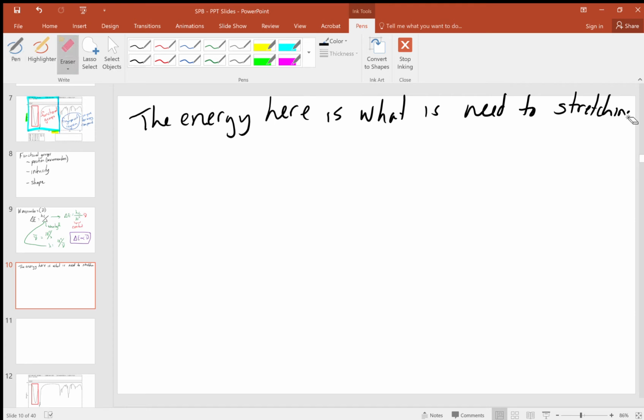What we're doing is either stretching or bending a bond, so the energy we're looking at is what we need in order to stretch or bend a bond. And compared to a lot of other things, that energy value is pretty low.